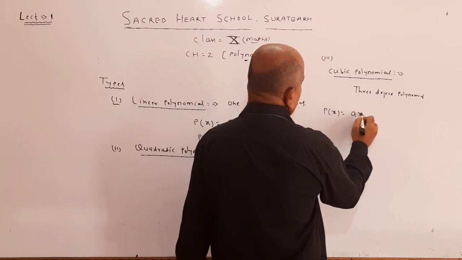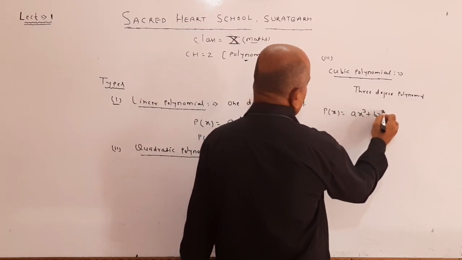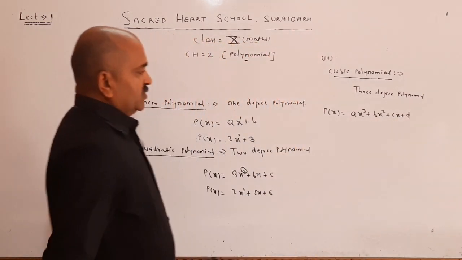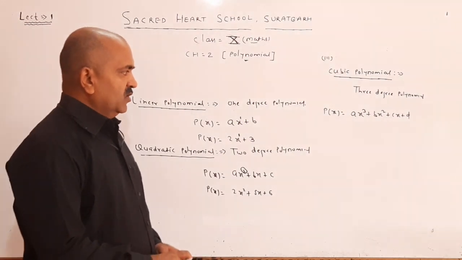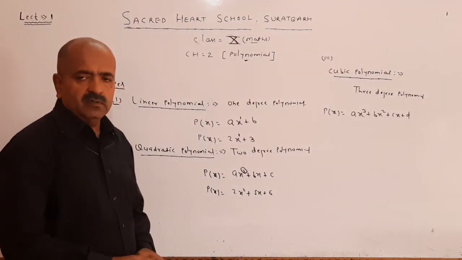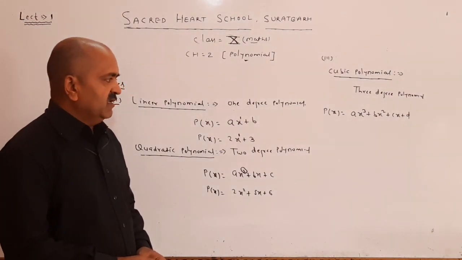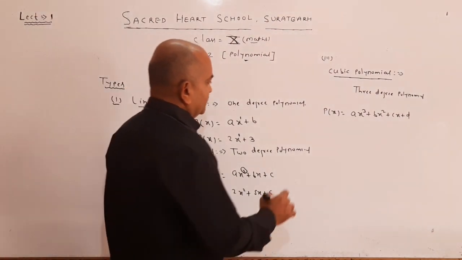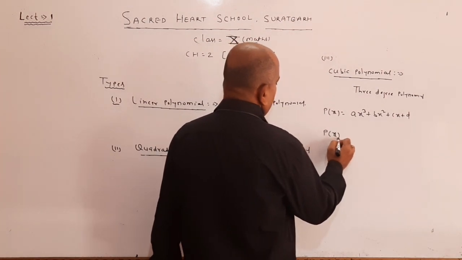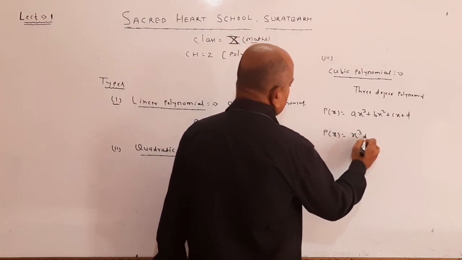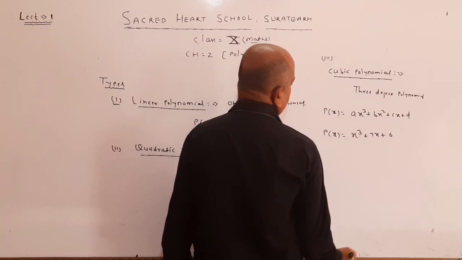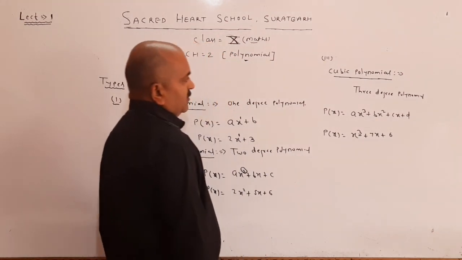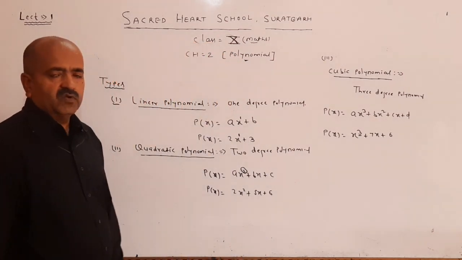Its example: ax cube plus bx square plus cx plus d. This polynomial is a cubic polynomial because the highest power of the variable is 3. Another example, x cube plus 7x plus 6. The highest power is 3, so we say this polynomial is a cubic polynomial.